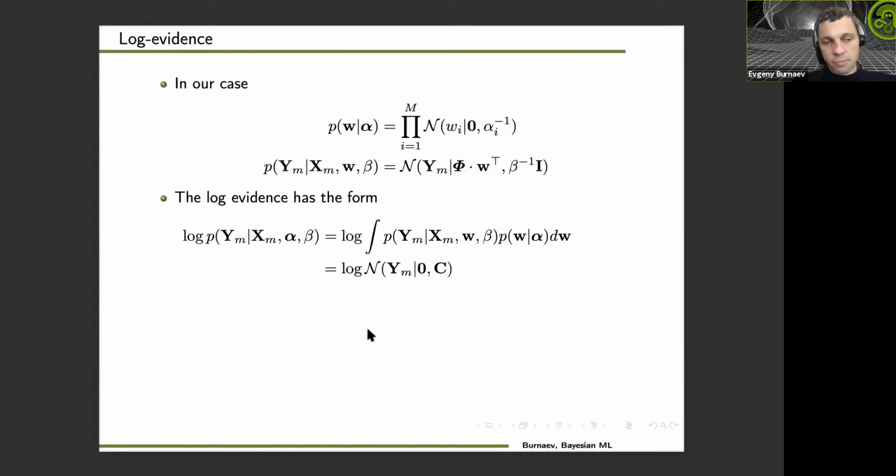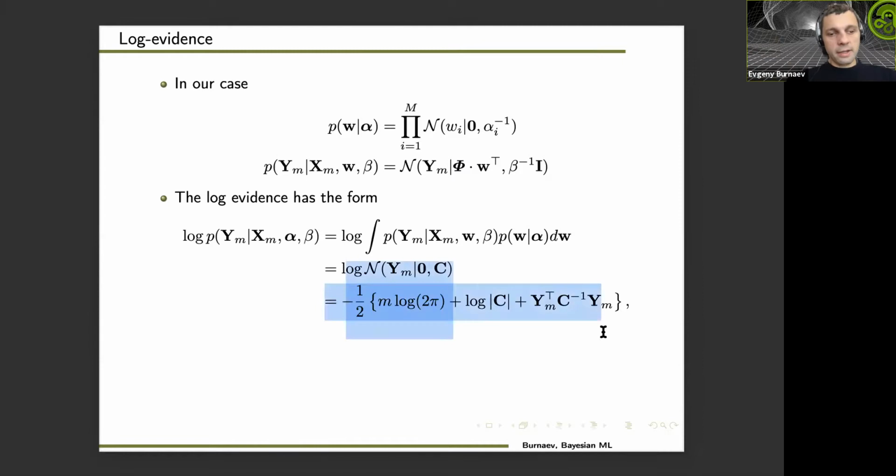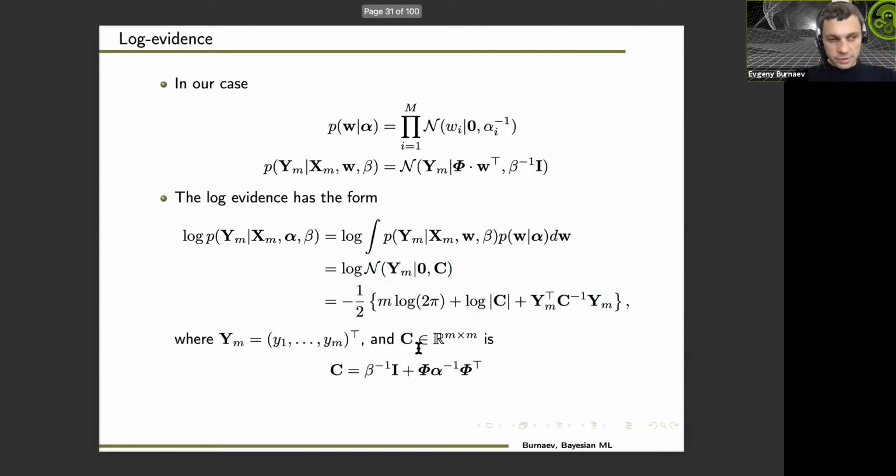And we can prove exactly in the same way as we did yesterday that log evidence is given by the logarithm of the multidimensional Gaussian distribution with zero mean and the covariance matrix, which is given by this equation.